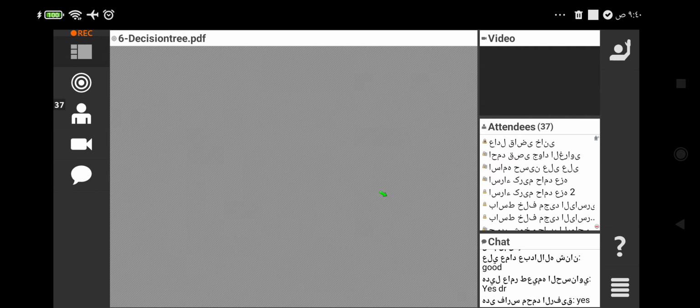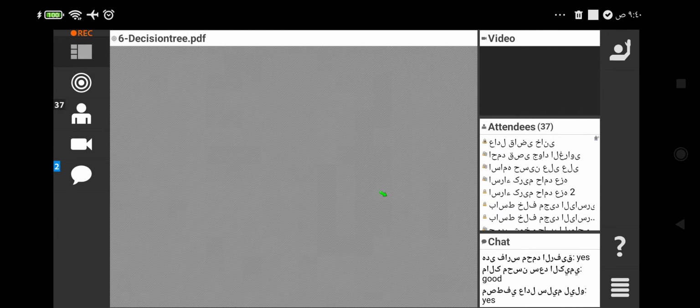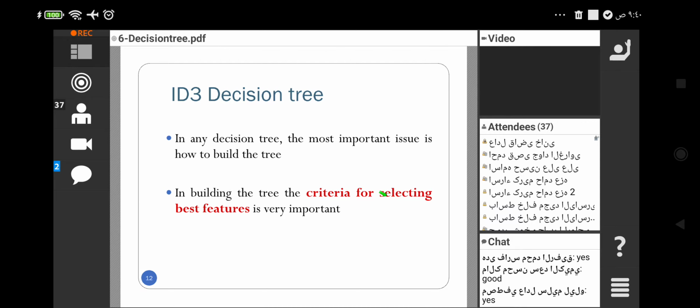We have many different decision trees, and we talked about the ID tree decision tree. We said that in a decision tree, one of the most important things is how to select the best features to put in the tree.